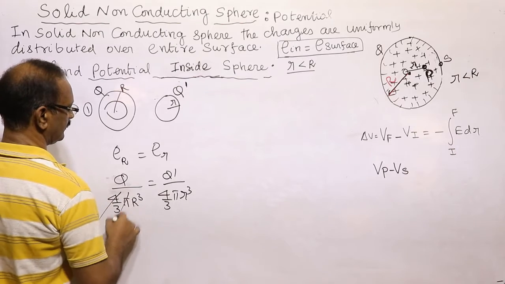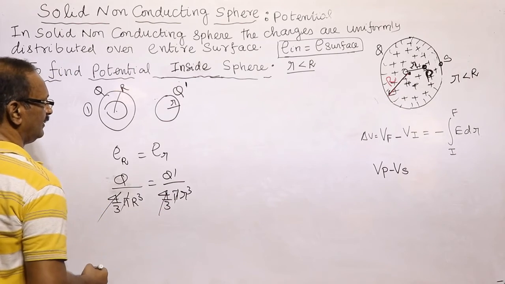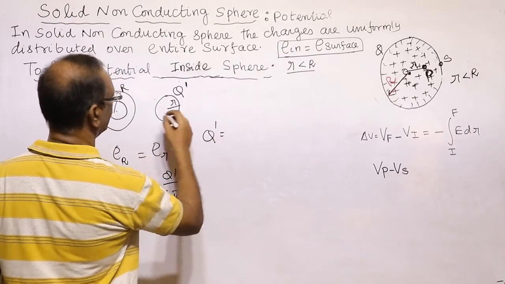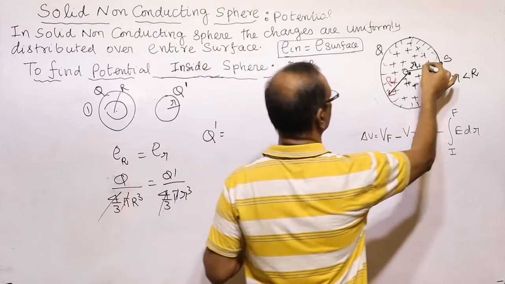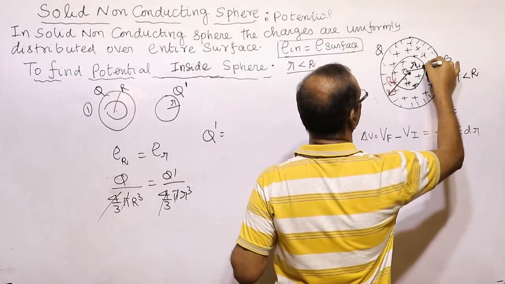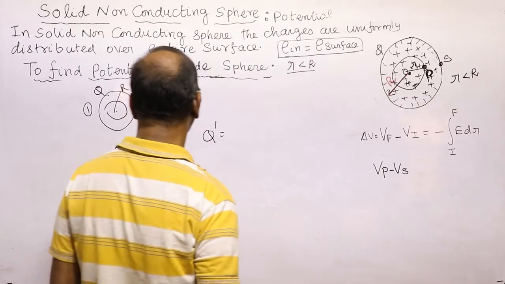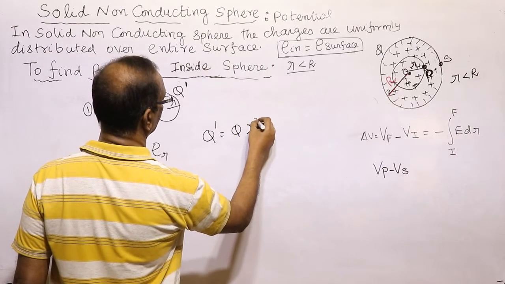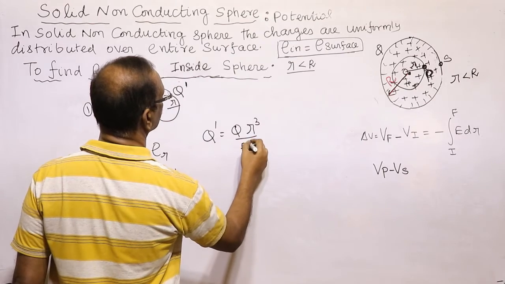Cancelling this, we can write Q dash, the charge inside the smaller sphere, is equal to Q into r cube divided by R cube.